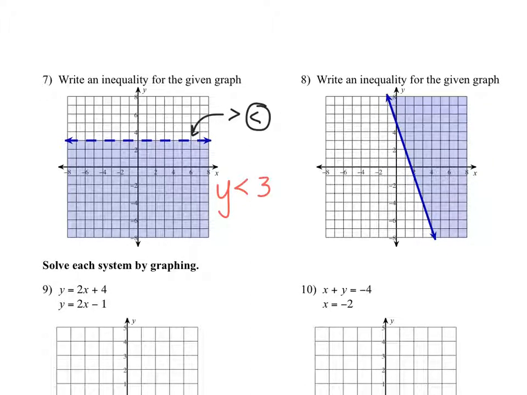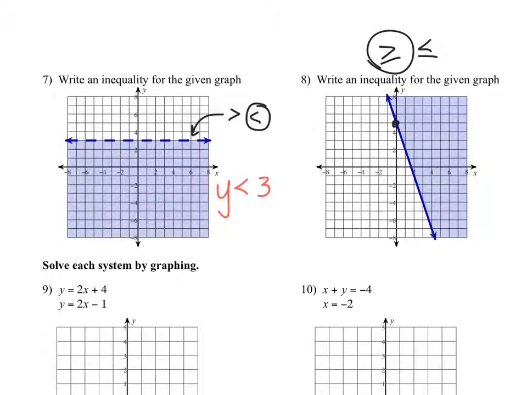All right, similar start for question 8. I want to think about my symbols. This is a solid line, which is going to be greater than or equal to or less than or equal to. And in this question, I'm shading above, right? All of this is shaded above the line, so that's going to be greater than or equal to. Now this time, the easiest way to do this is to write my equation in y equals mx plus b.